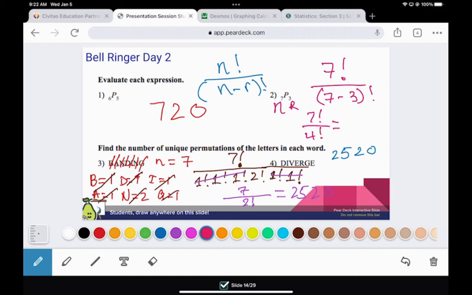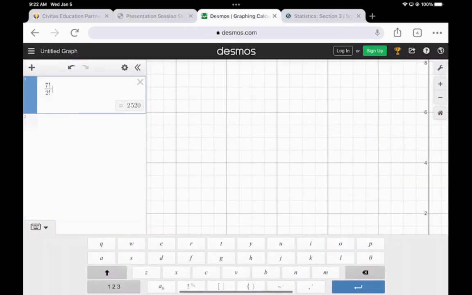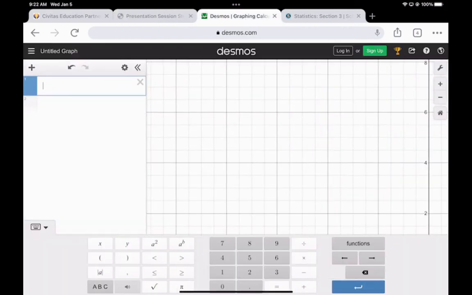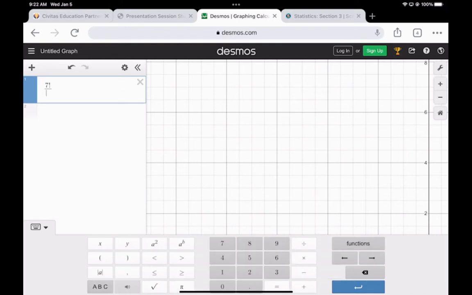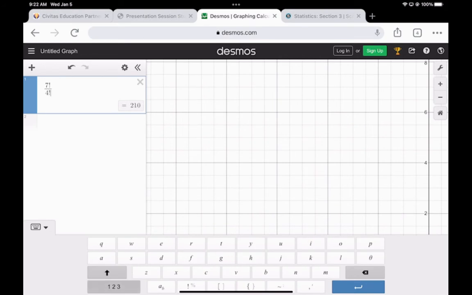When you have this, you can go to Desmos. Like I said, for these problems, I like Desmos better because it's much faster for me to type in. So I'm going to type in exactly what I have. 7 factorial divided by 4 factorial.